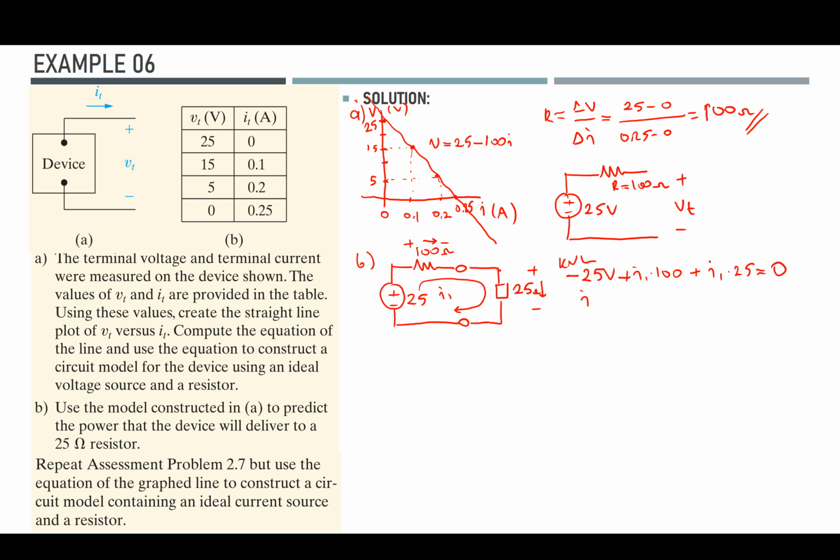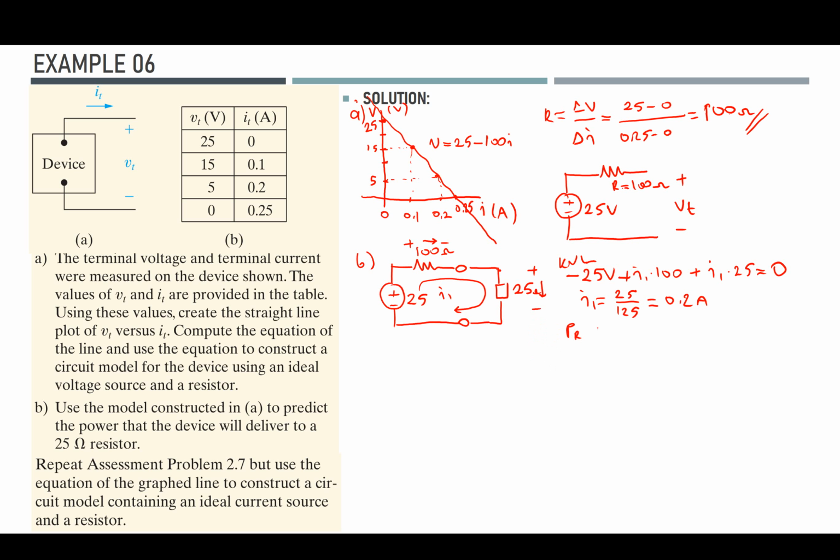So from here I can calculate the loop current as 25 over 125, which gives me 0.2 amps. Now since this same current flows through the 25 ohm resistance, I can simply use I squared R to calculate the power value.